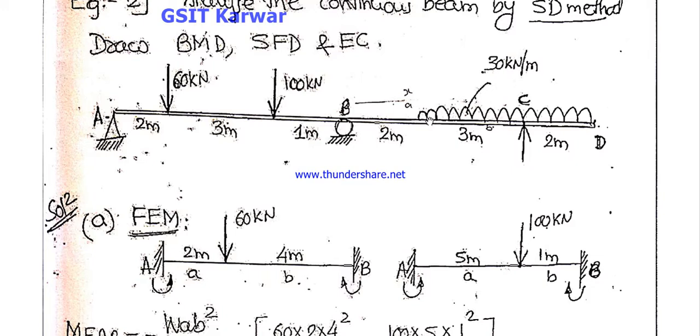You can convert this UDL to a point load, or you can just visualize it. If we convert this UDL to a point load, where will it act? Definitely it will act at the exact center.